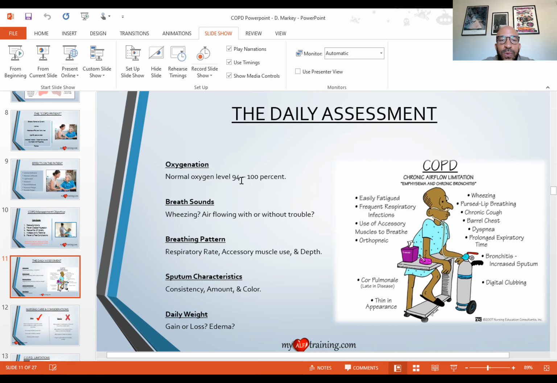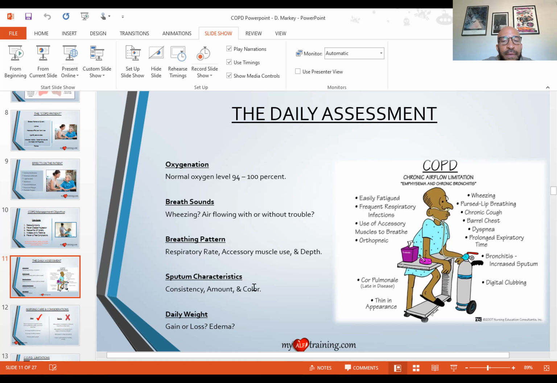We also need to note the patient's breathing pattern, their respiratory rate. Are they breathing normal? Are they breathing too fast, too slow? Are they using accessory muscles? Are they hunched over? As this guy here, we see him hunched over the table trying to catch his breath. And we also want to note the depth. Is the patient taking shallow breaths, very deep breaths? Are they breathing pursed lipped?